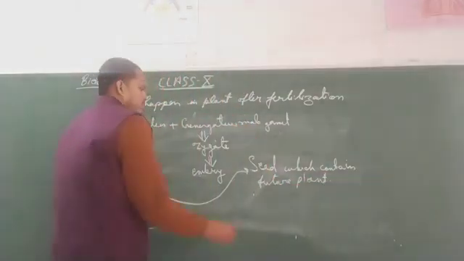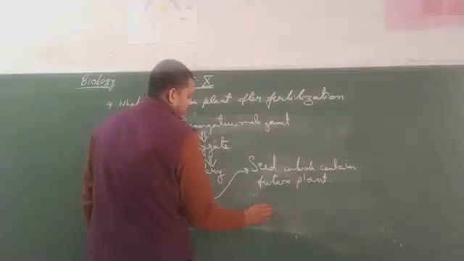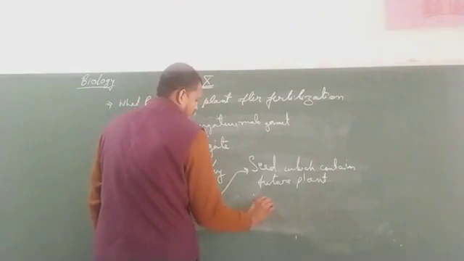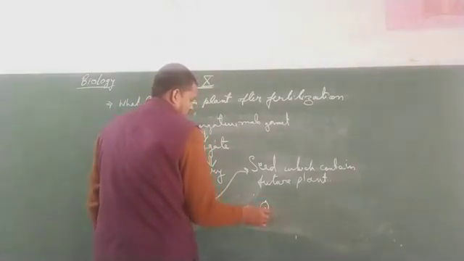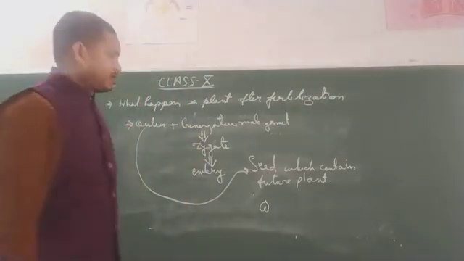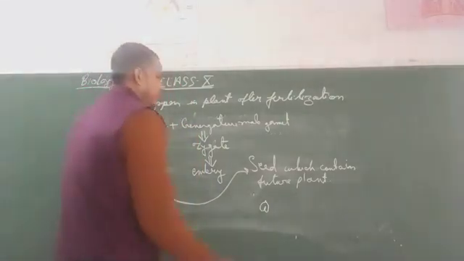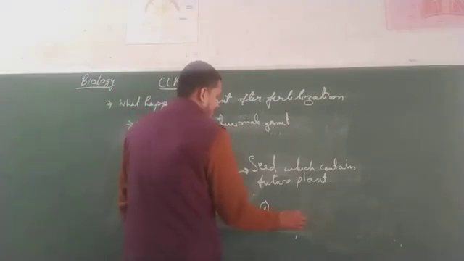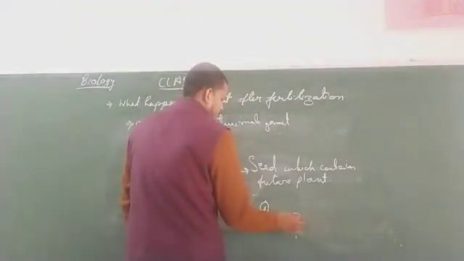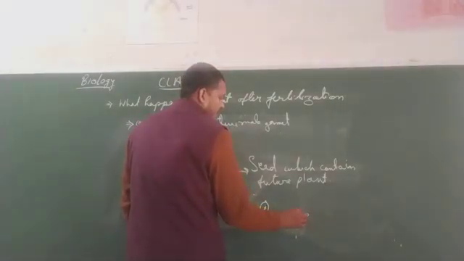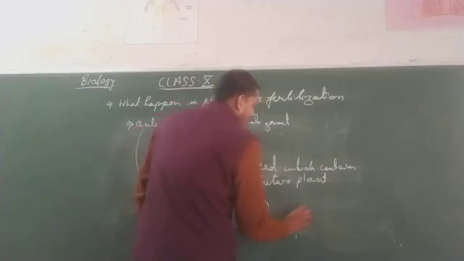If you are going to draw the structure, you will get something like this. Suppose this is a tree plant or a gram seed. Once it is opened, you will see this kind of structure. This is the plumule.